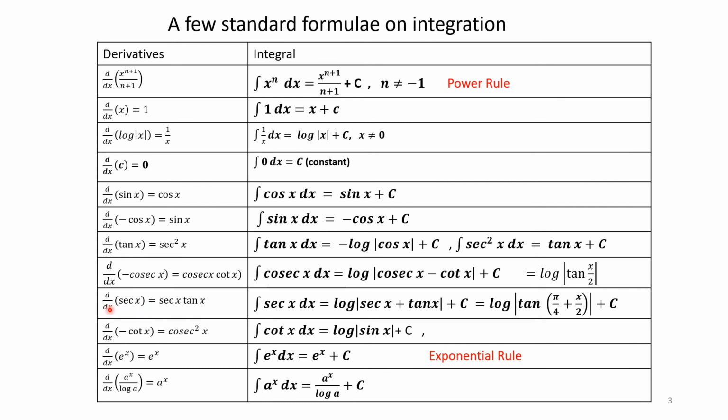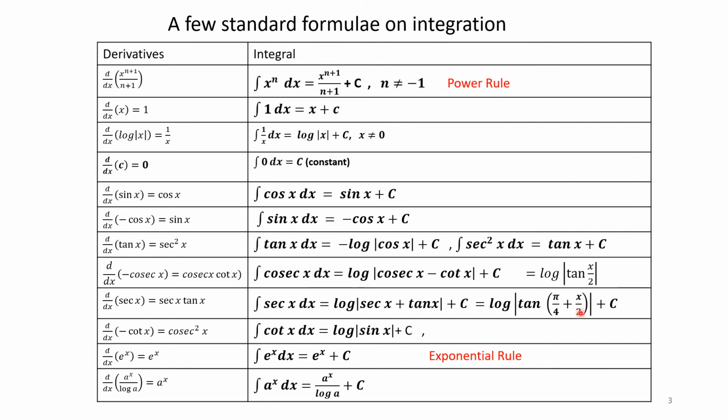The next term is d by dx of secant x. So d by dx of secant x is secant x tan x. Therefore, integral of secant x is log of mod secant x plus tan x plus c. This can also be written as log of modulus tan of within brackets pi by 4 plus x by 2.